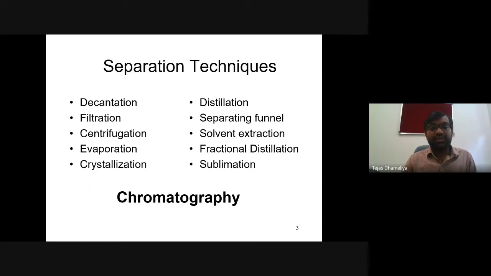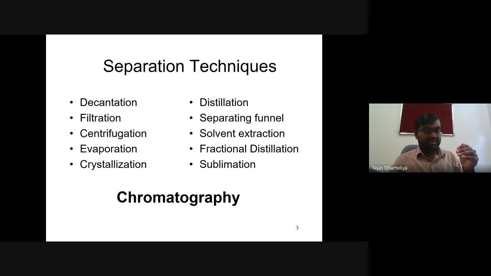Then it comes to another topic, which is called the separating funnel. You must have done extraction with a separating funnel during your organic chemistry, right? There is solid-liquid extraction, and liquid-liquid extraction is also possible, but I am mainly talking about liquid-liquid extraction, which you do with the help of a separating funnel. Sometimes people call it a sap funnel, so there is no issue with how you pronounce it. Let us say in the separating funnel you take water and ethyl acetate.